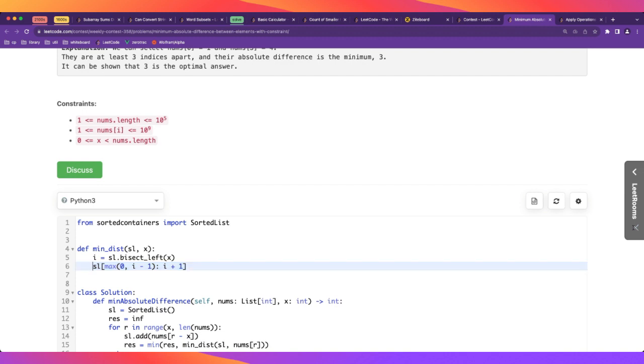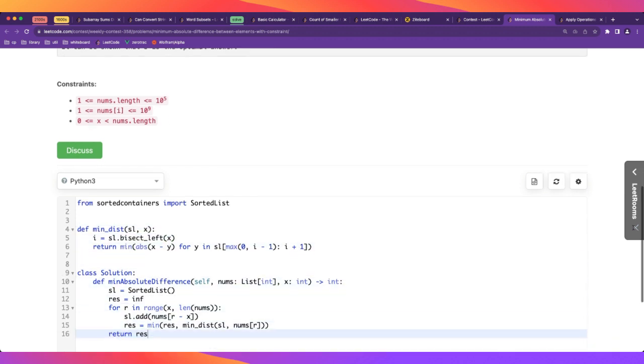So this should give us the range of elements that we want to check. And then it becomes a simple minimization. We want to minimize the distance. So let's call these elements i, because we call this x, and we want to minimize the distance between them. And that's pretty much it, I think.